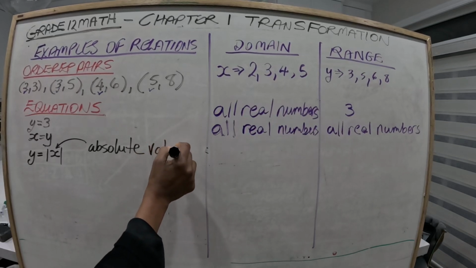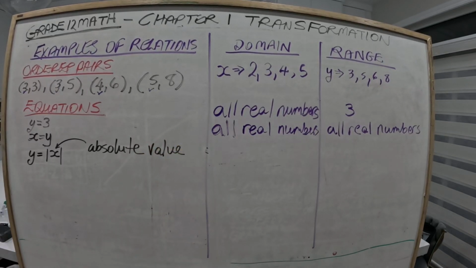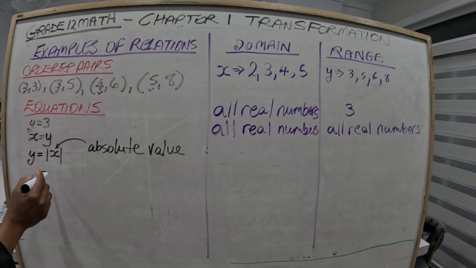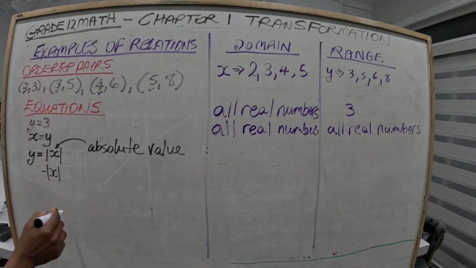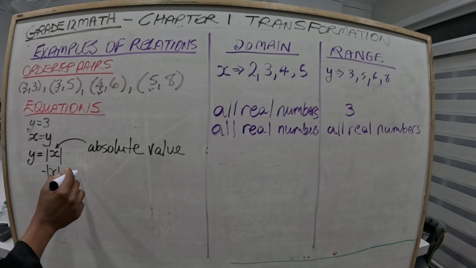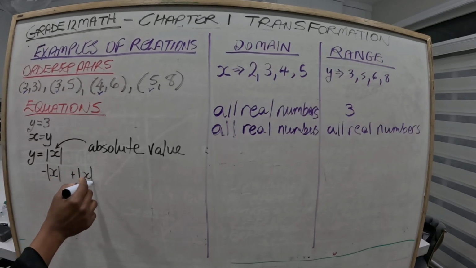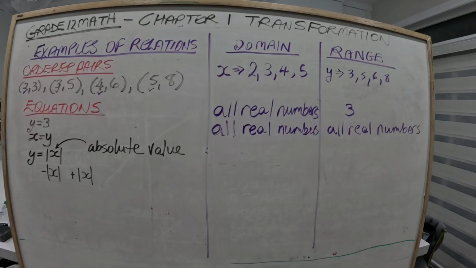I'm sure you know what that means. So even if there's a negative inside, the absolute value is x. Whether it's positive, the absolute value is x. So that means x can be negative, but the absolute value is what we're focused on.